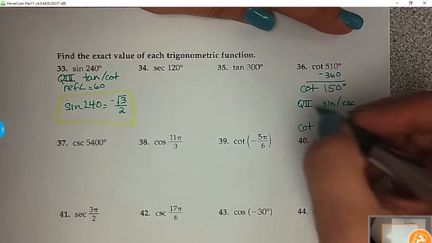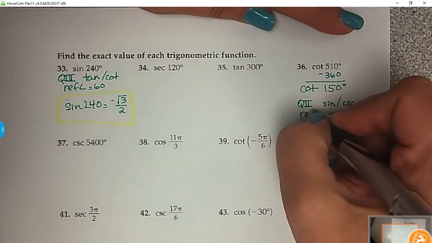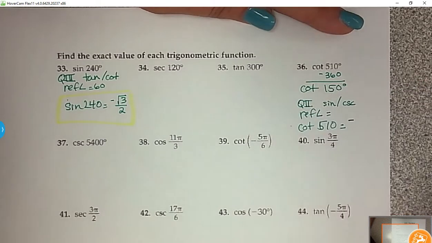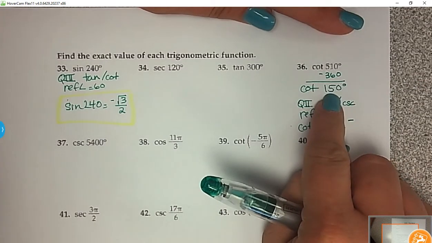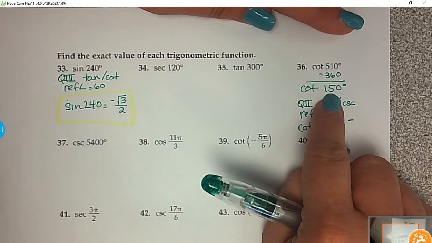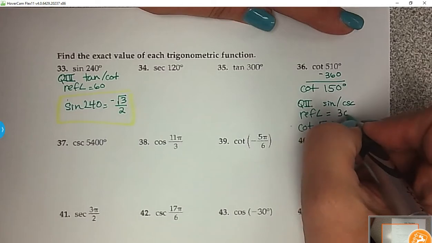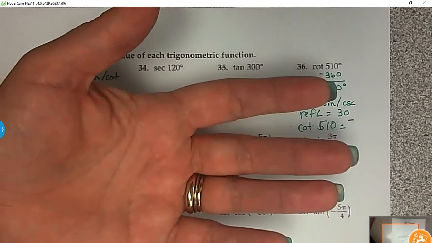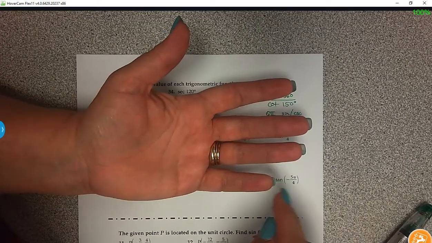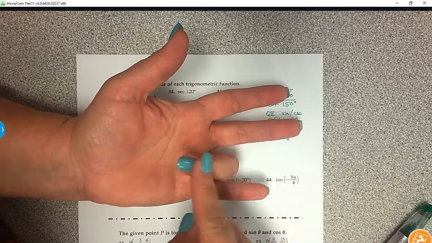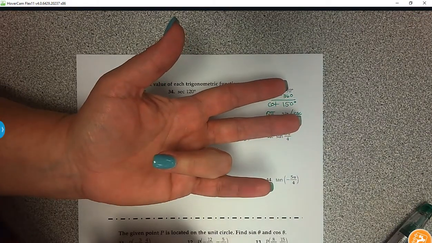Then I've got to find a reference angle. Okay, back to this 150, that coterminal. 150 is 30 degrees away from 180, so 30 is my reference angle. So here, 30 degrees, there's 0, 30, and I want the cotangent.